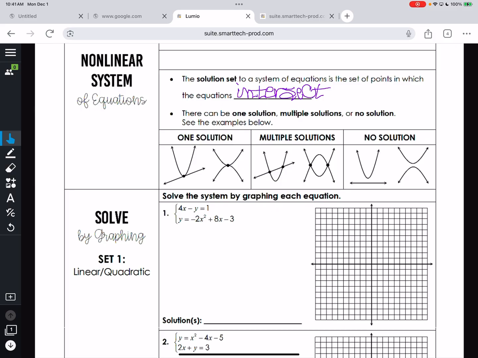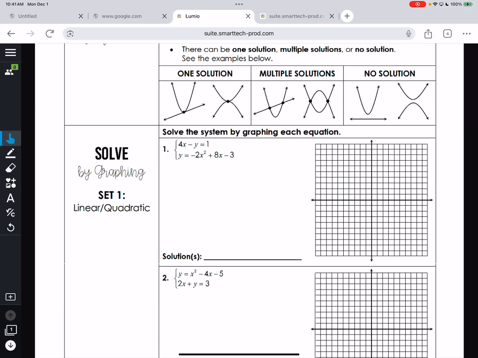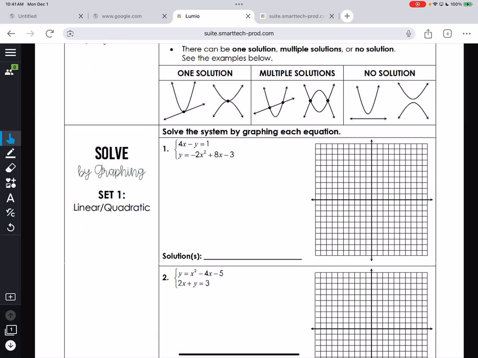So for this first one, it's going to be y equals what for the top one, for our linear? Negative 4x plus 1. Positive 4x minus 1. Look at you being on target, Harper. But look, it's a negative y. So 4x minus 1.